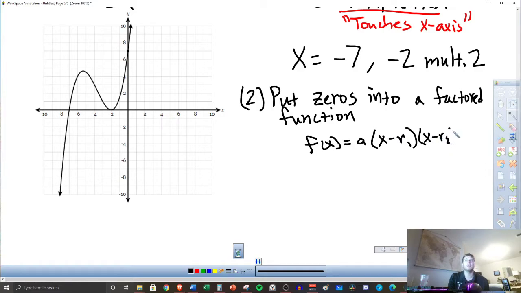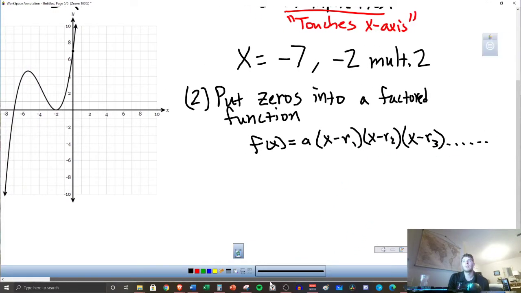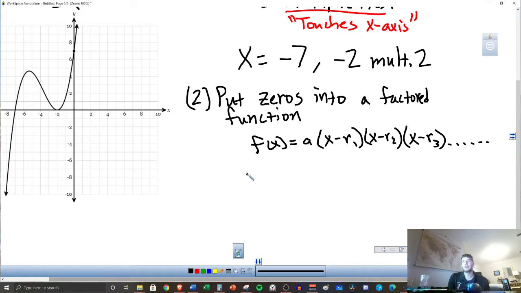I'm going to extend it a little bit to fit our situation, (x minus r3), and we could keep this going for as many factors as there are. So let's go ahead and do this with our example. First off, a, we don't know. Remember, that's concavity. We do know that it should be positive, right? It's going up on the right side. So we know that, but we'll talk about how to find it in a second.